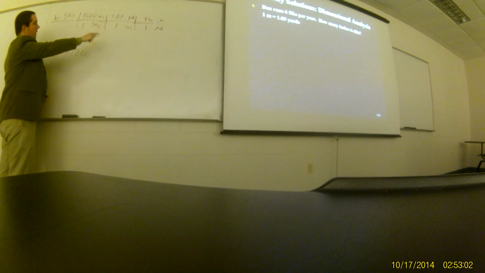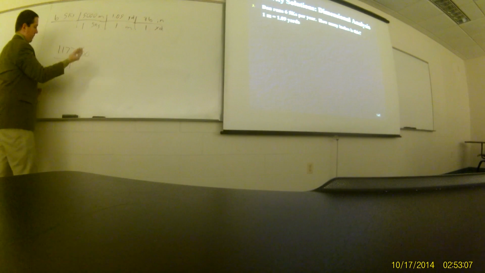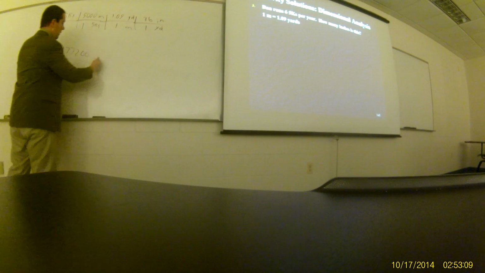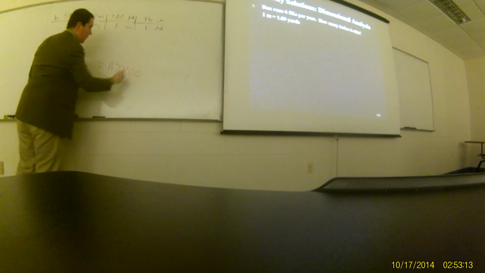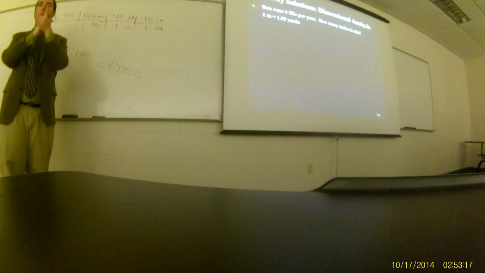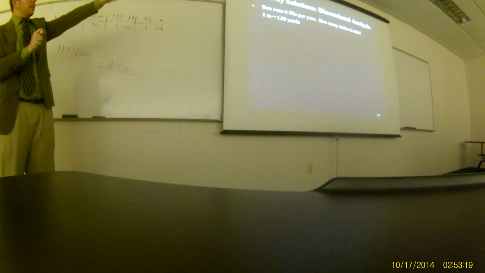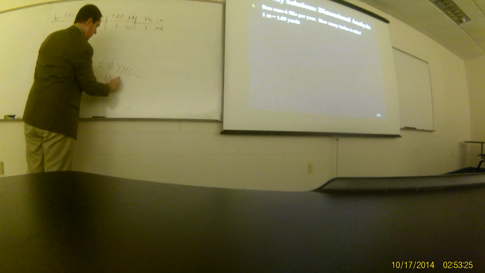That is the top, and the bottom is just 1 times 1 times 1. Take that divided by 1 is 1,177,200. How many sig figs do I need? 1. We started with 6, and so our answer is just 1 sig fig.